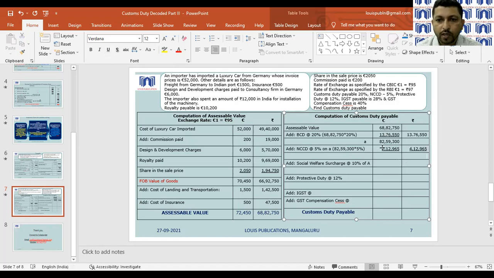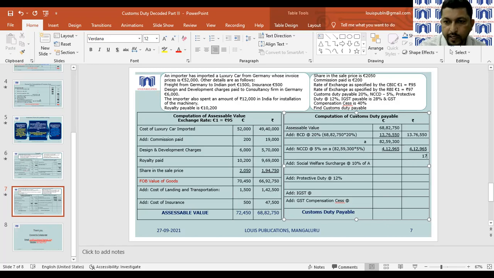Now we don't have to total this 82,59,300 because there is no countervailing duty. As I mentioned, countervailing duty is leviable on items which are outside the purview of GST. Now, since it's a luxury car, cars are within the purview of GST in India as well, multi-utility vehicles and all. So we will add up these numbers: 4,12,965 plus 13,76,550.